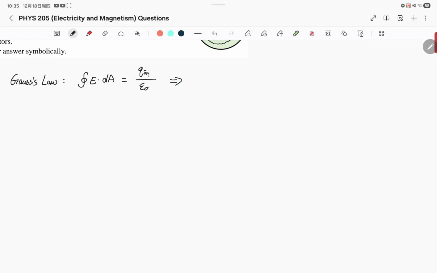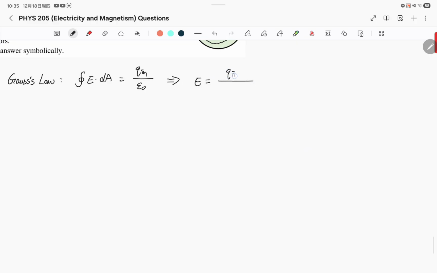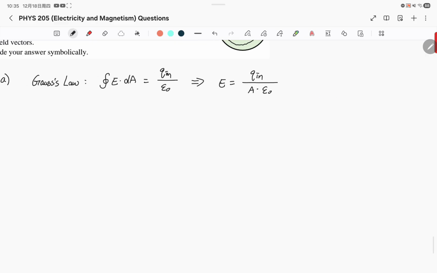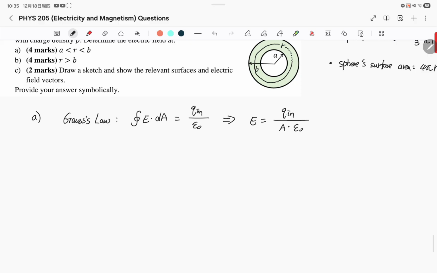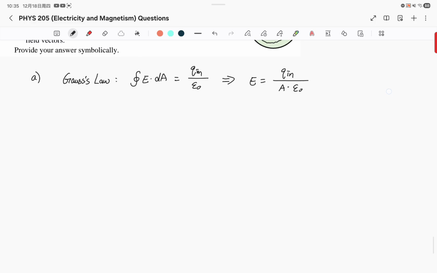E dA is just EA, so isolating E, we get Q enclosed over area times epsilon naught. We also need volume, because this charge depends on volume. More volume, more charge. Less volume, less charge.